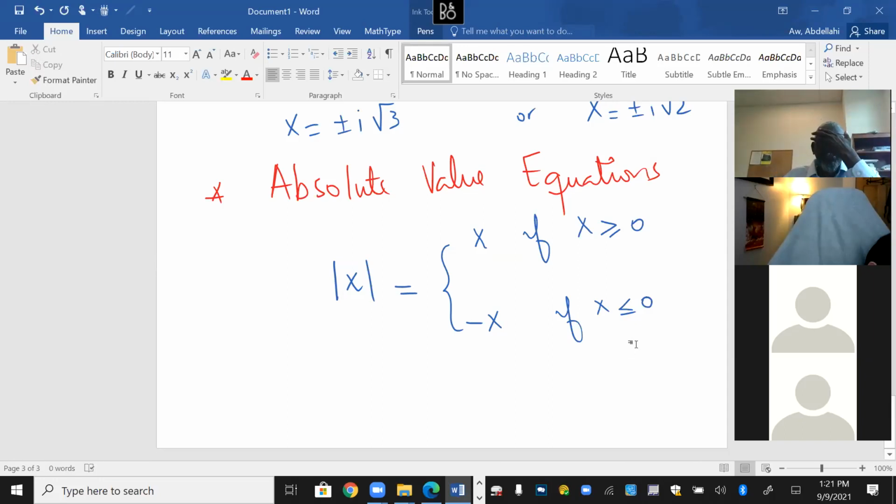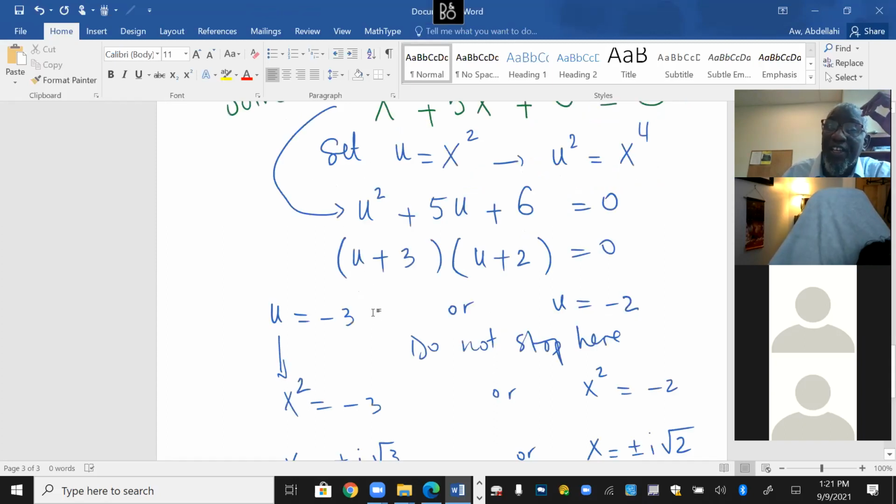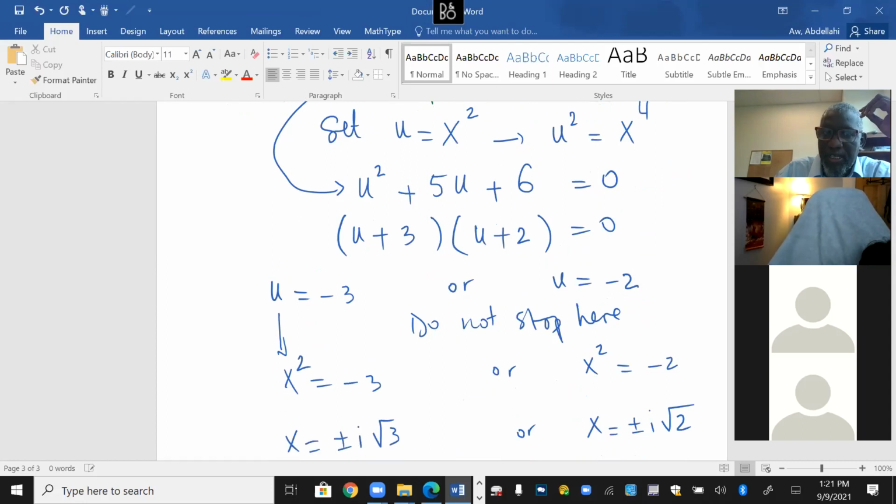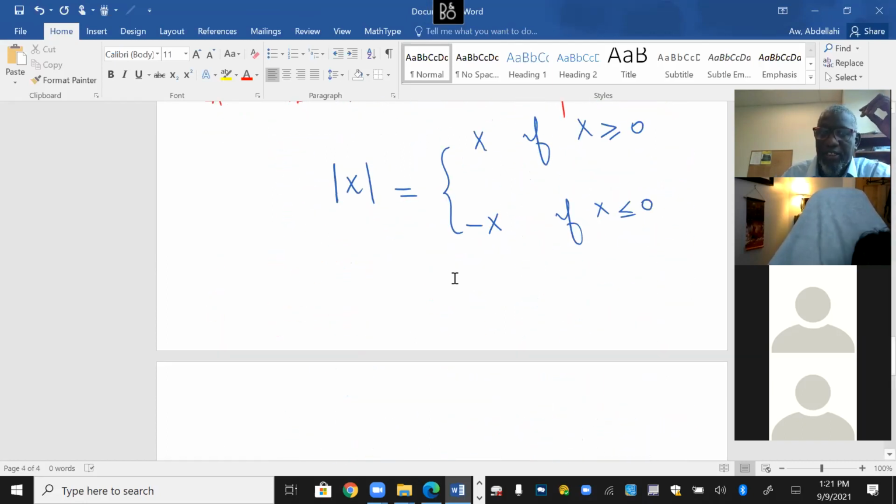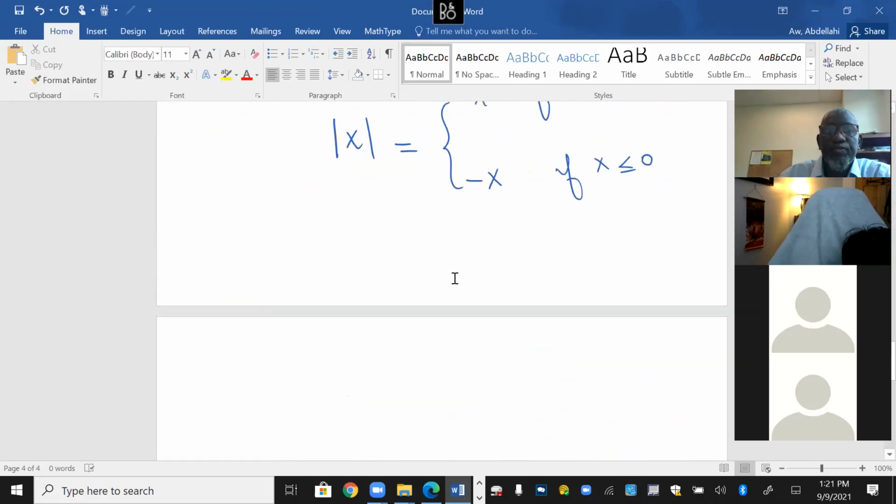Okay, so because absolute value has two possible outcomes, right? Absolute value of any variable has two possible outcomes. Because of that, when you have to solve an equation with absolute value, if somebody asks you to solve absolute value of x is equal to 3, right?